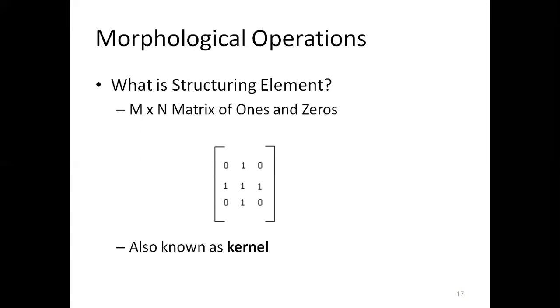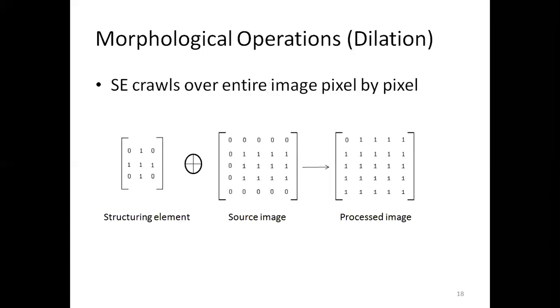So let's see how it works. Here on the left side we are given a structuring element, and this is the source image we have. It consists of zeros and ones as it is a binary image. And this is the symbol of the dilation operation.